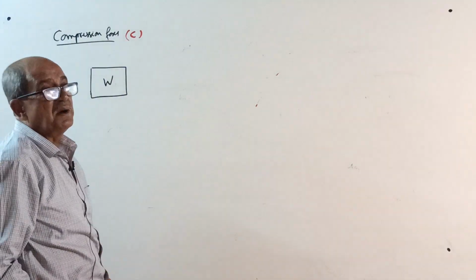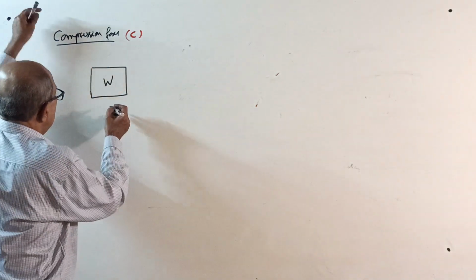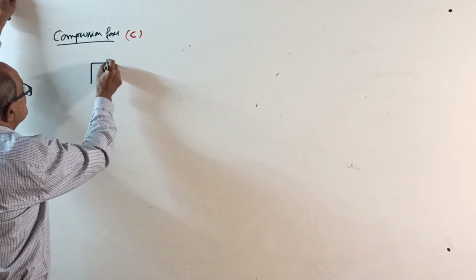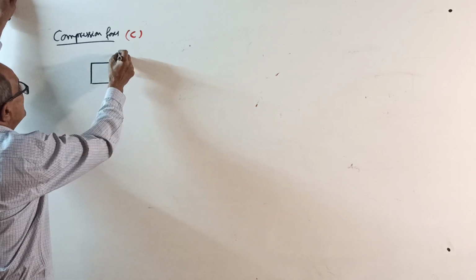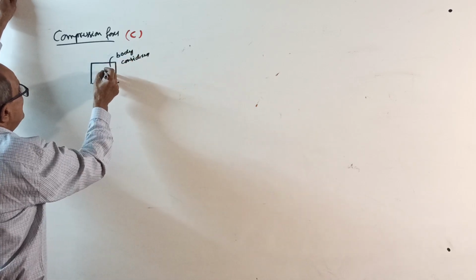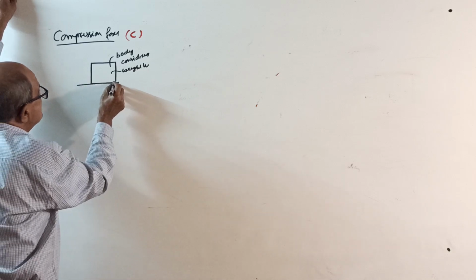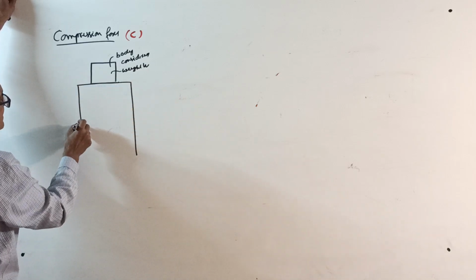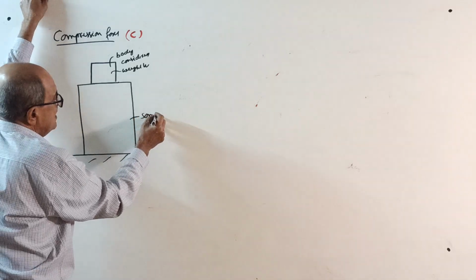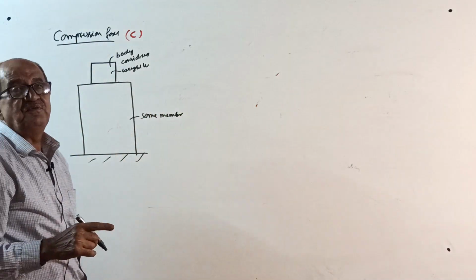Now, compression means the member should be a rigid member. It can't be flexible. This is the body considered for equilibrium, weight W. Imagine it is placed on a vertical member, a big member, which is not a flexible member.